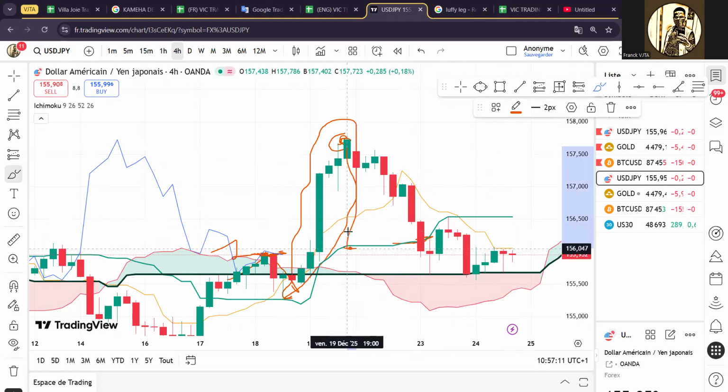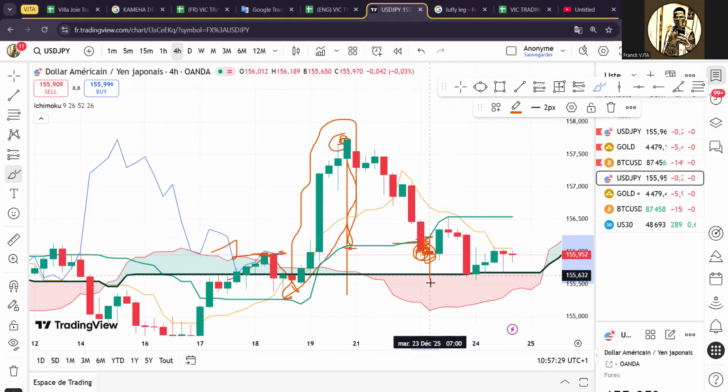We are still at this vertical place at this time, at 7 p.m. It's only 2 days later at 7 a.m. that we touch Kijun.